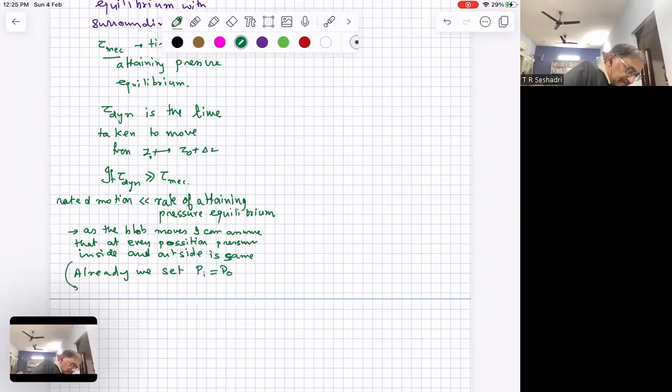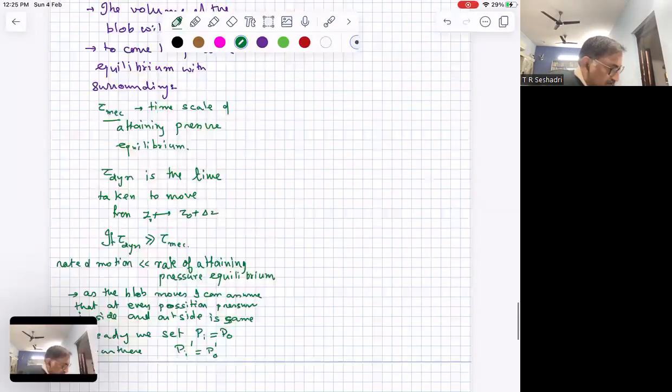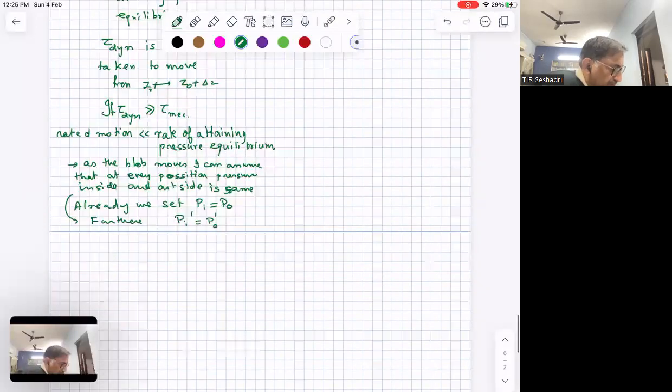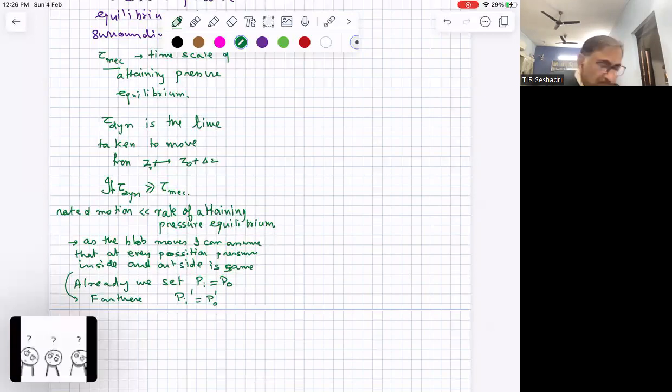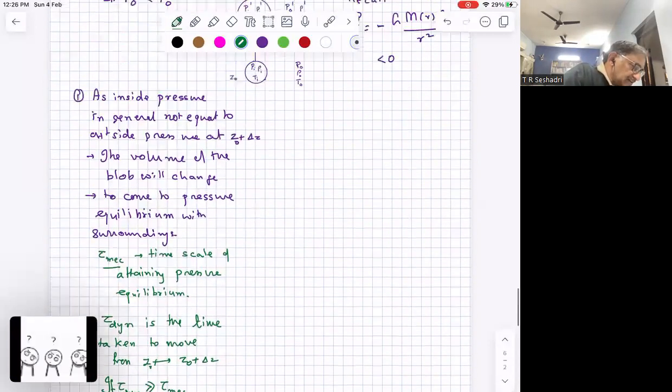This implies that further, Pi prime is also equal to Po prime. That is, the pressure is always the same inside and outside. Is that okay? All these steps are very, very important. That's what I'm saying. Now let us take another time scale.